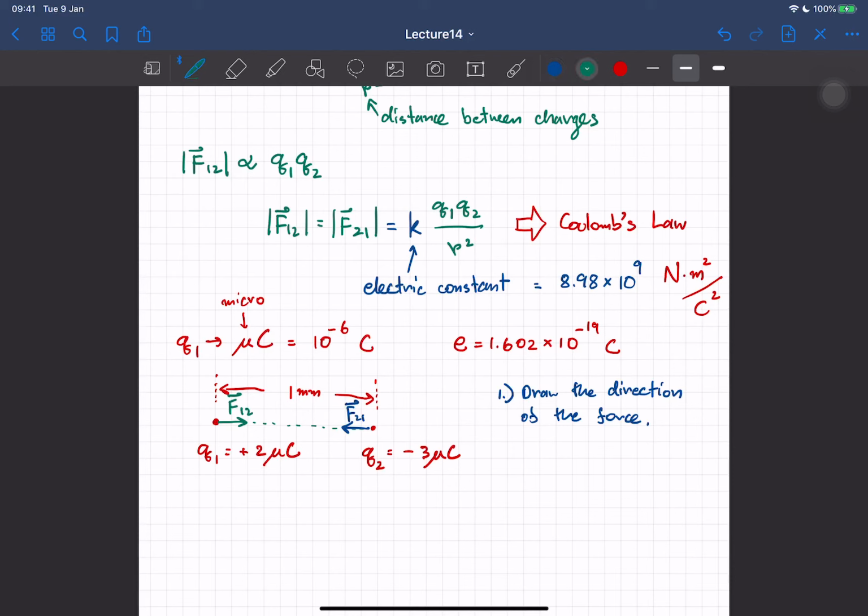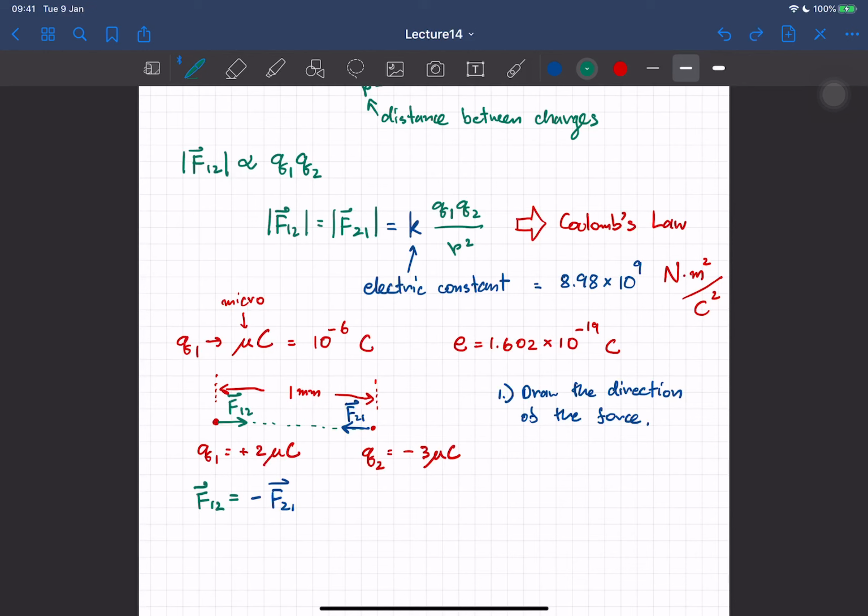Sometimes you're going to see that people write F12 equal to minus F21. This is fine, it just says that the arrow of F12 is pointing in the opposite direction as F21. This equation has nothing to do with whether the force is attractive or repulsive.